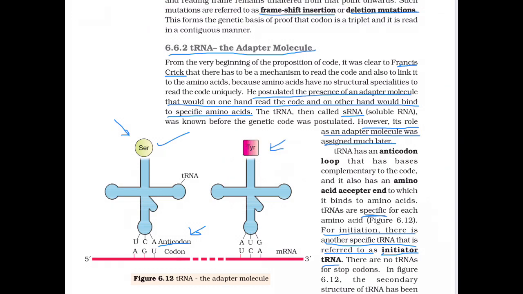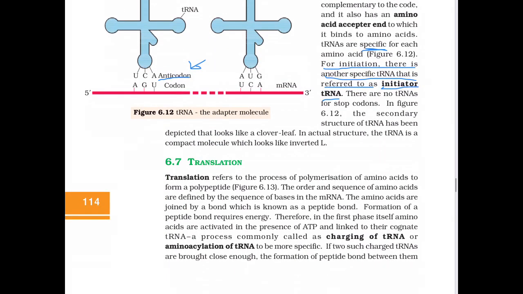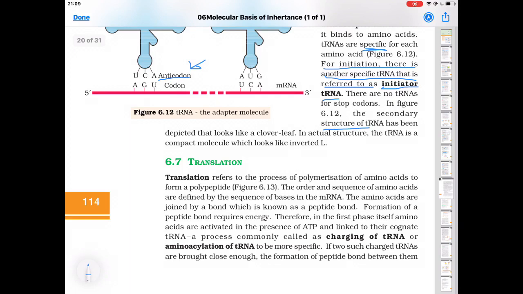And there are no tRNAs for stop codons. The secondary structure of tRNA has been depicted like a clover leaf, a leaf which has 4 leaflets, 4 parts. In actual structure, the tRNA is a compact molecule which looks like an inverted L.